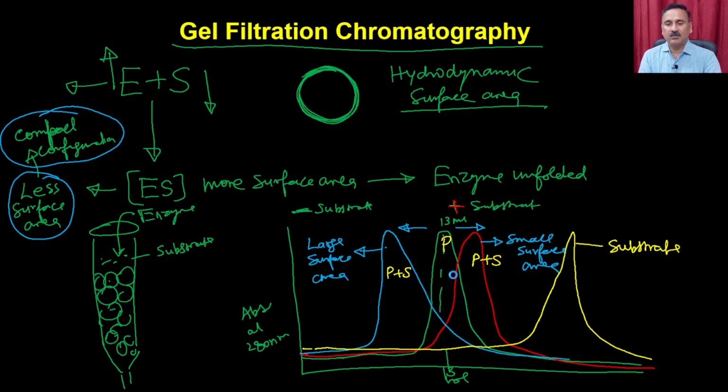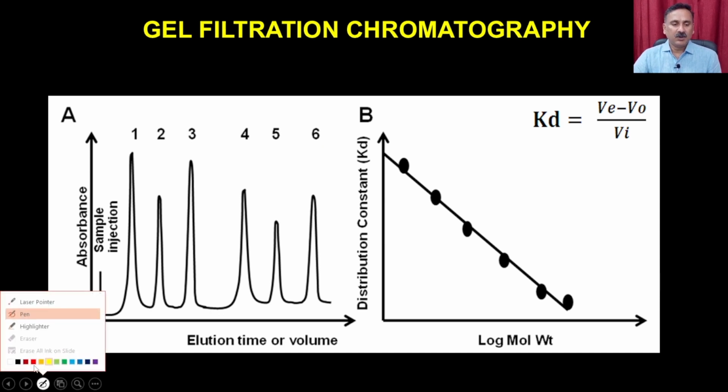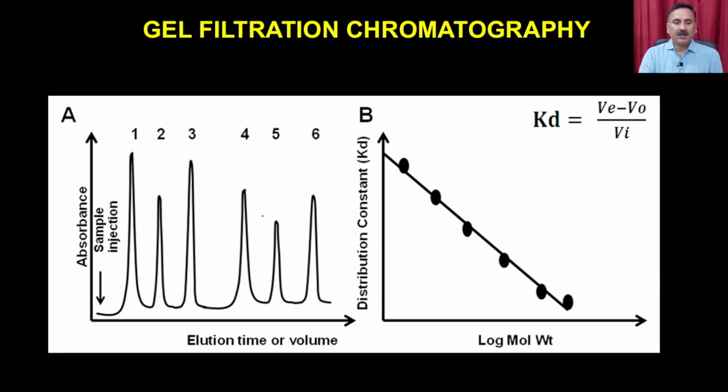So this is just the qualitative test. You can also calculate the molecular sizes very precisely. What you are going to do is run different proteins of different sizes, a larger protein and a smaller protein, and all the proteins you can run, and then you are going to have KD versus log molecular weight as the calibration curve.